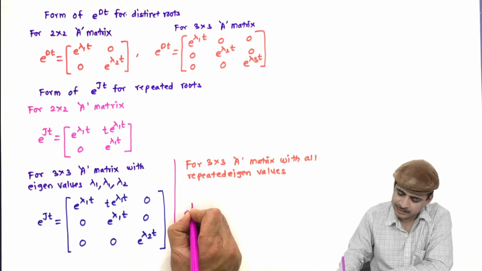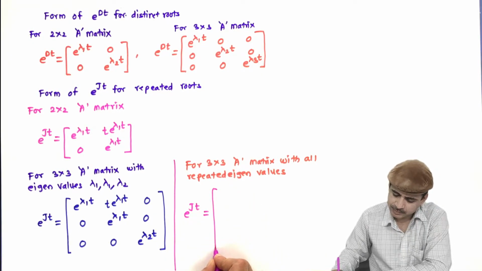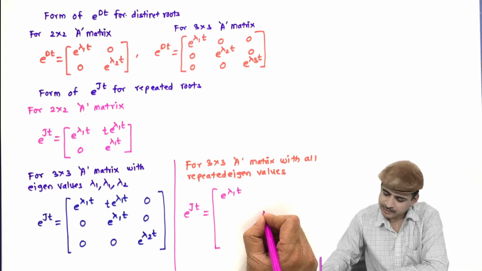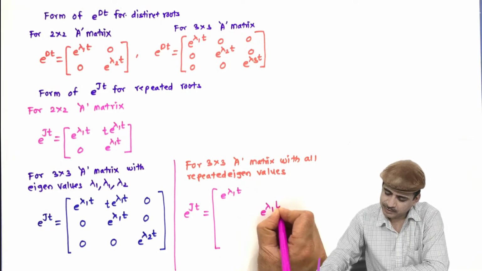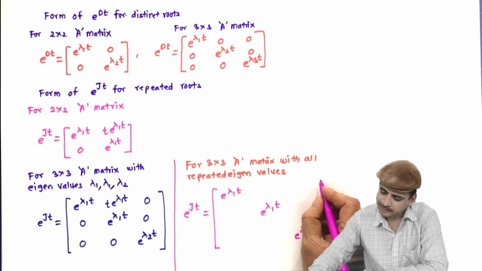In that case e raised to jt is equal to e raised to lambda 1t on the diagonal.